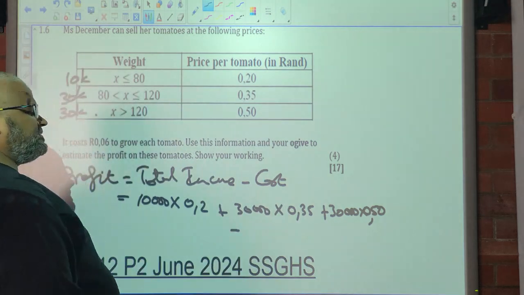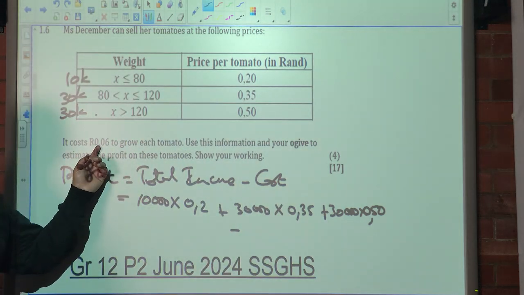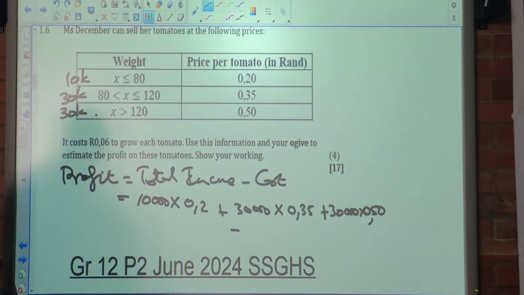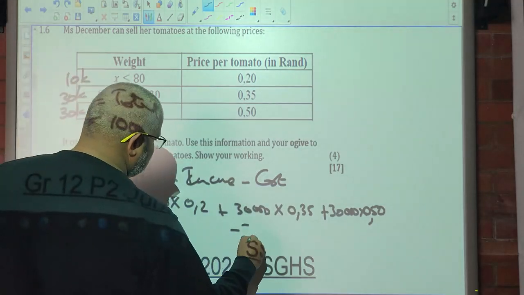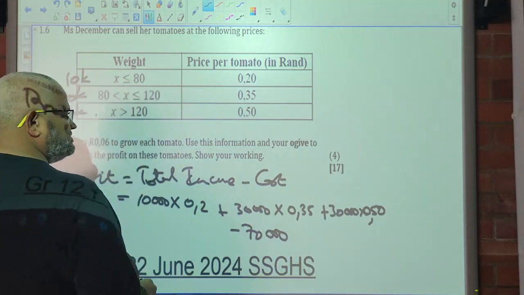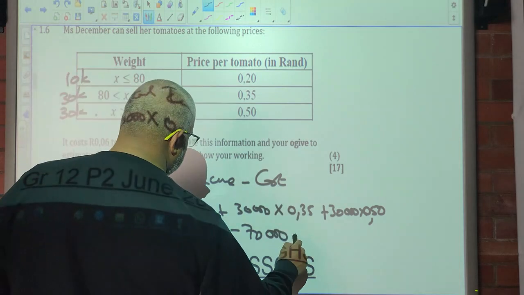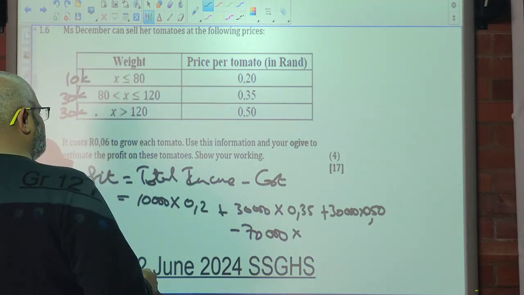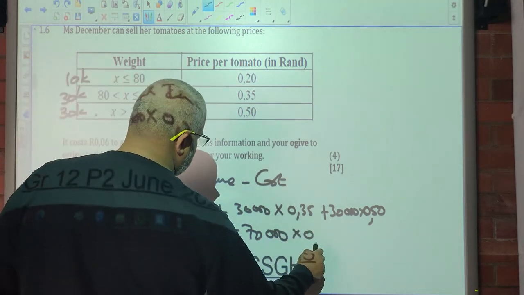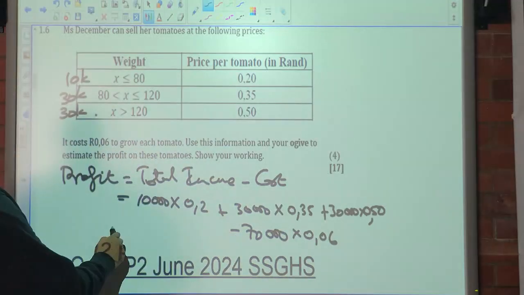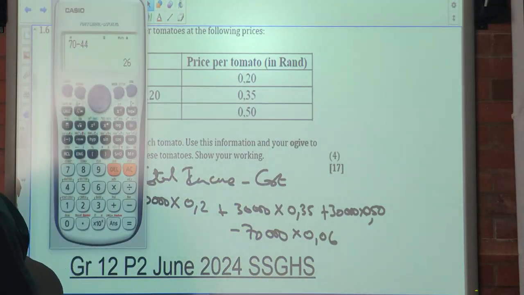And then of course you must subtract the cost per tomato. How many tomatoes are there in total? 70,000 tomatoes, and the cost of producing them is 6 cents, or 0.06 rands.